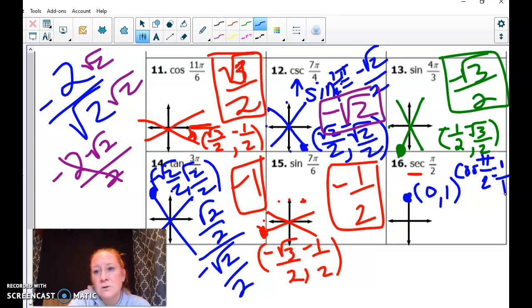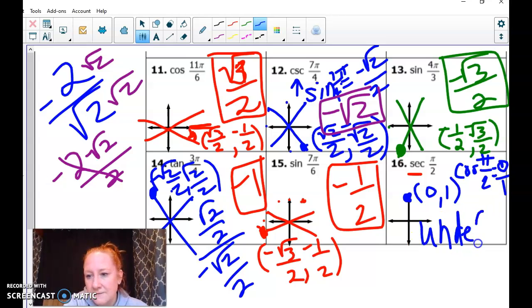Really, it's just 0, but then the 1 is kind of a placeholder. Well, then if I flip 0 over anything, I get 0 on the bottom. Can you do that? You cannot. So this one ends up being undefined. So sine and cosine never have anything undefined, but tangent, cotangent, secant, and cosecant do.